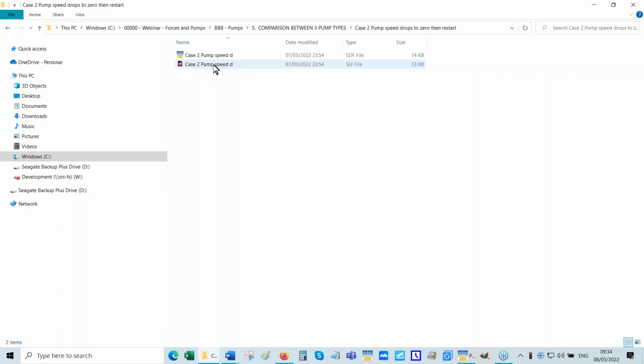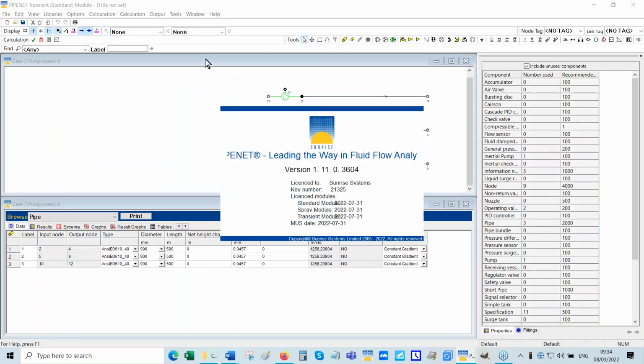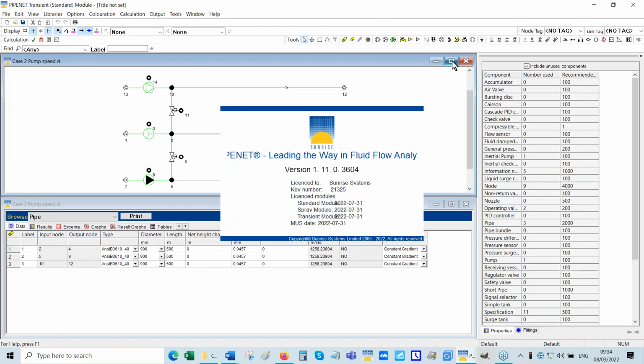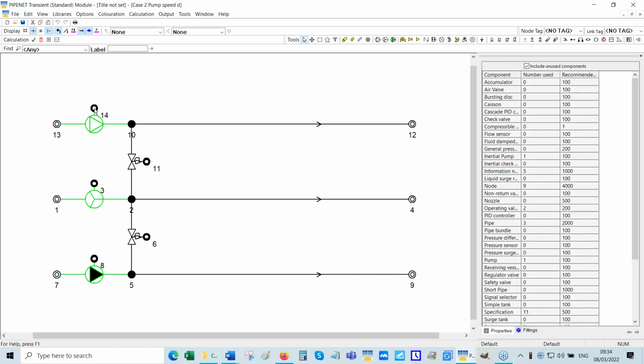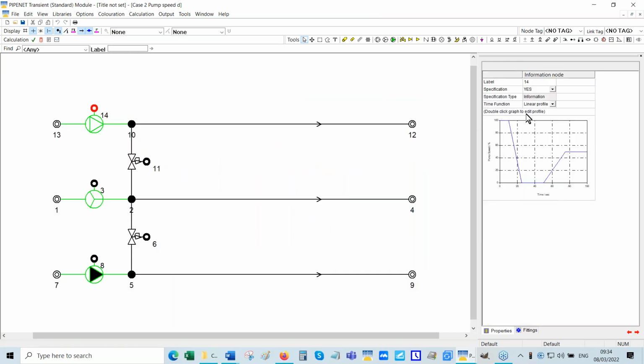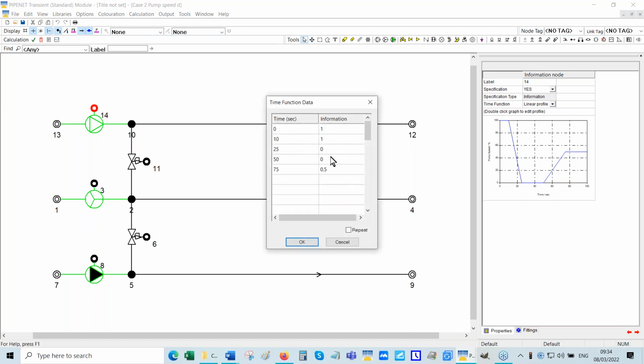Let's just pick one case. See what we're considering here. We are considering a case where the pump essentially stops at 10 seconds, and it takes 15 seconds to spin down.